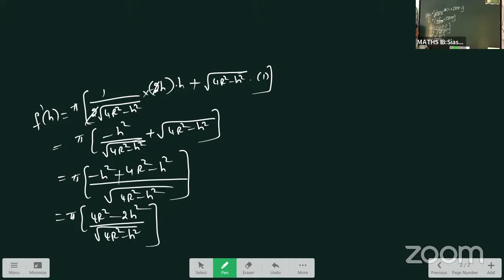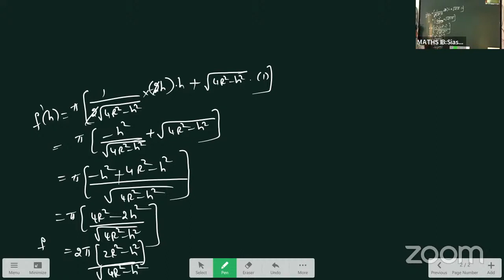So if we take 2 common here, what do we get? Pi into 2 into 2r square minus h square by under root of 4r square minus h square.